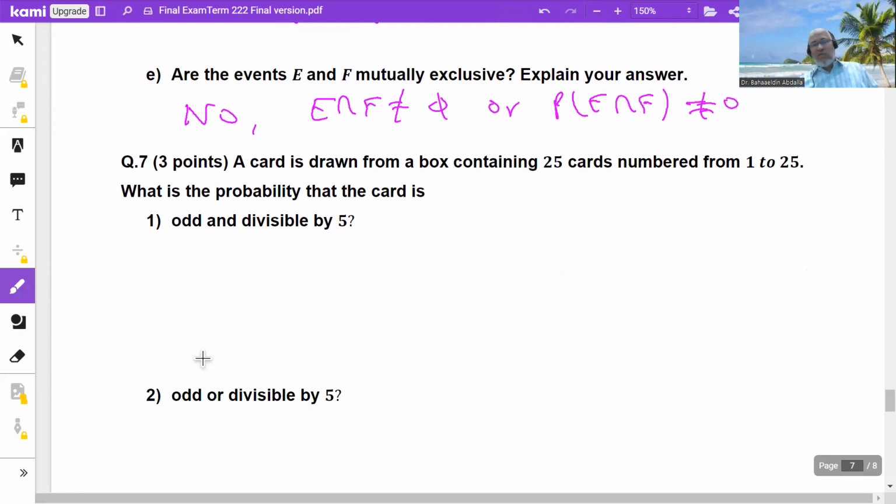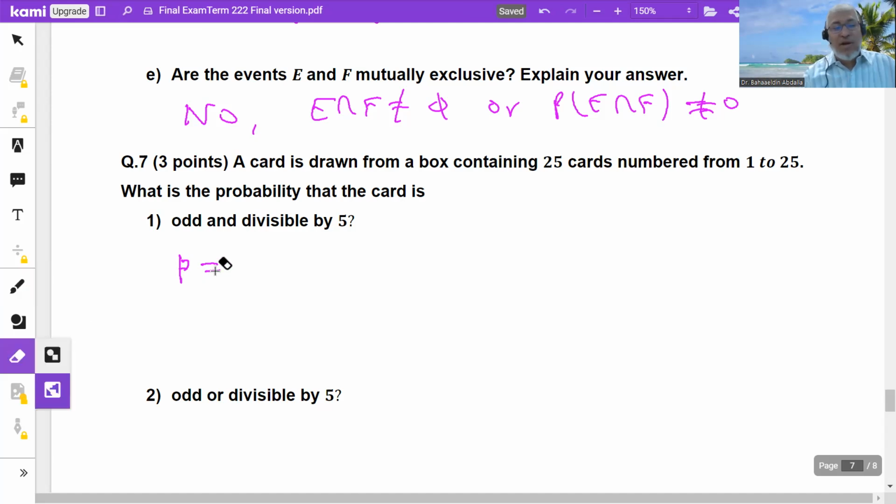A card is drawn from a box containing 25 cards, numbered from 1 to 25. What is the probability that the card is odd and divisible by 5? So we have to think here, how many numbers are odd and divisible by 5?